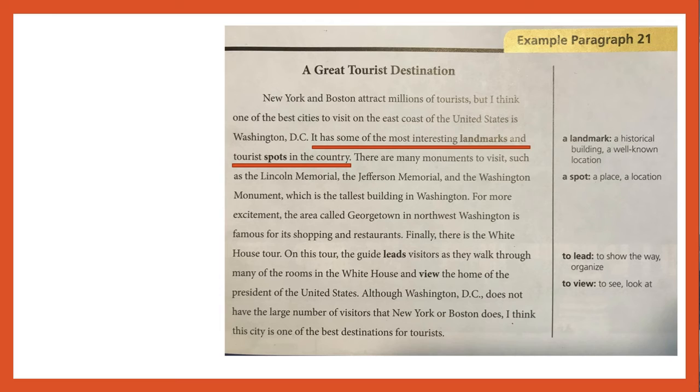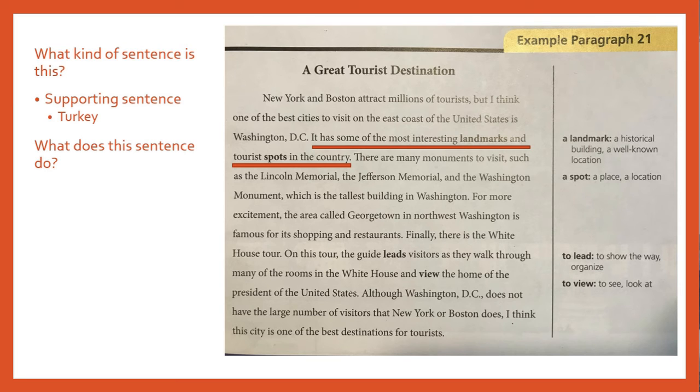"It has some of the most interesting landmarks and tourist spots in the country." Again, we need to ask, what kind of sentence is this? This one is going to be a supporting sentence. So from our sandwich earlier, this is going to be one of the pieces of meat. We'll say it's turkey. Pretend it's a turkey sandwich, even if it's not. This is a supporting sentence because of what the sentence actually does in the paragraph.